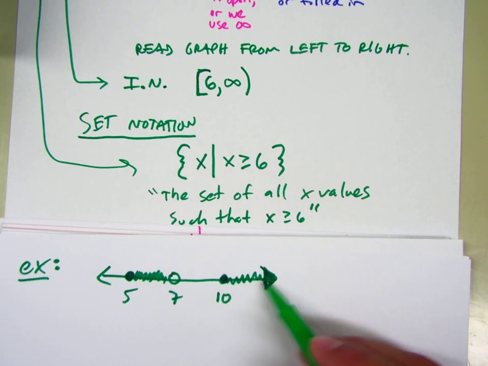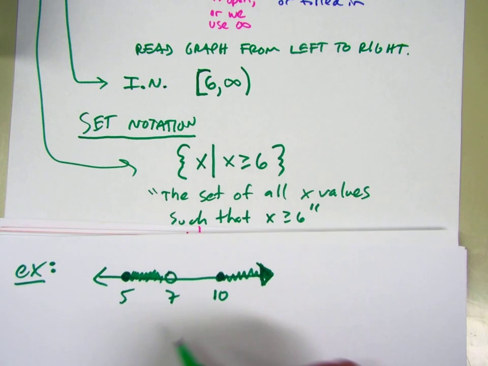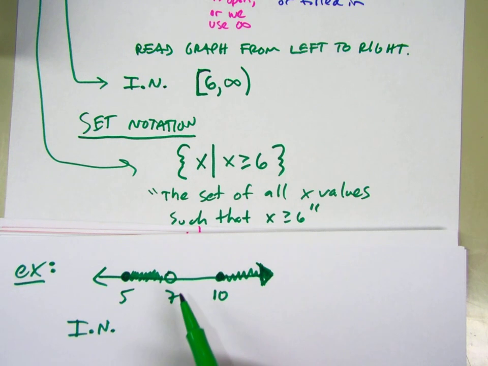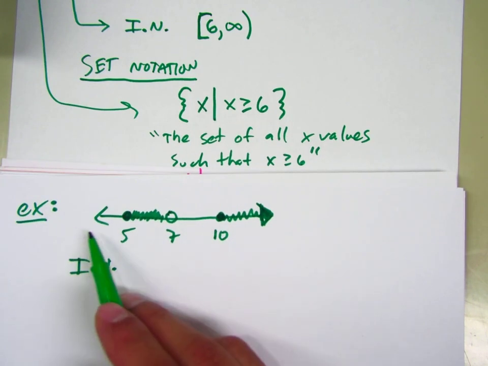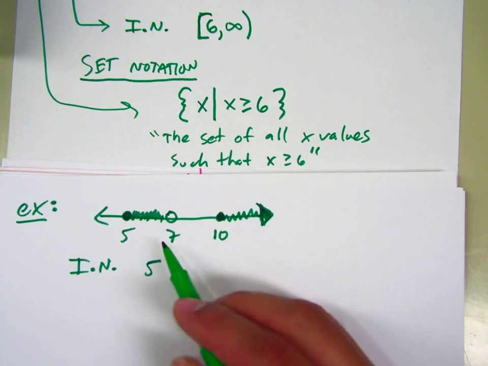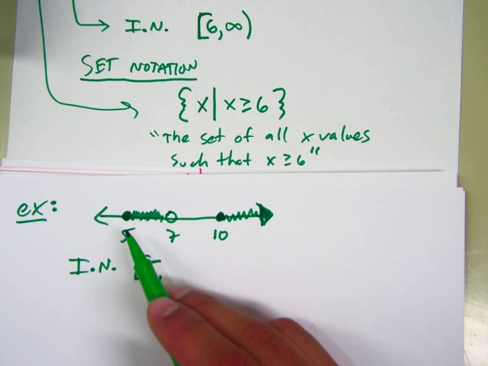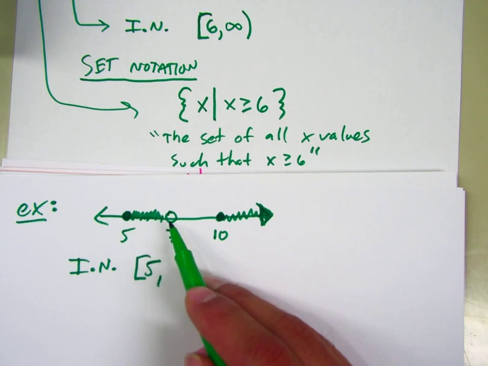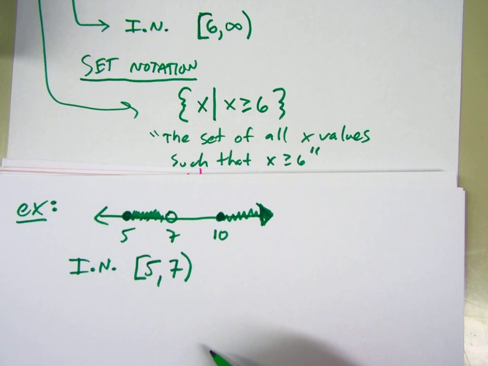And then we're shading from 10 on forever. In interval notation, I actually think that's easiest here. We read from left to right. The first number that's part of my answer is this 5. So again, we start with 5. Since it's filled in, we use a bracket, comma, and then we go until there's a separation. So we stop at 7, and since 7 has an open circle, we use a parenthesis there.